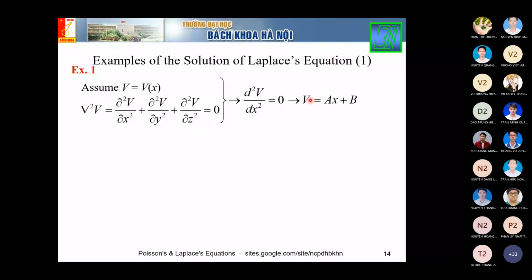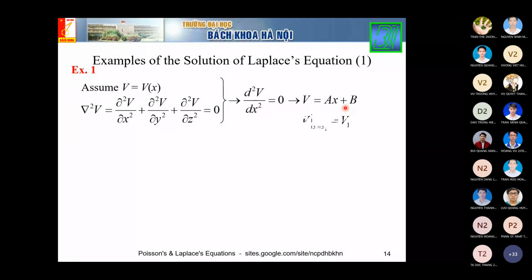You can verify this one by taking the derivative of V twice, so it satisfies the given equation. For this solution, x is a variable, a and b are two constants. They can be found from the given boundary conditions.